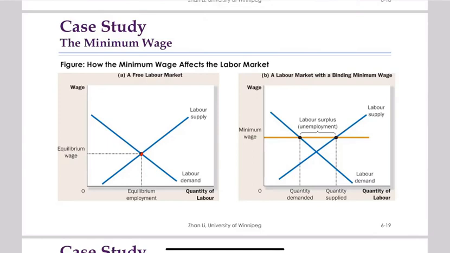So what's the evidence on how minimum wage affects the labor market? Well, I'm not a labor economist, so I cannot give you a definitive answer, but there were a lot of controversies and a lot of research. If you're interested, you could ask me and I could possibly direct you to some interesting research. Okay.